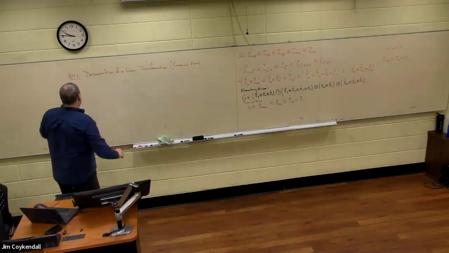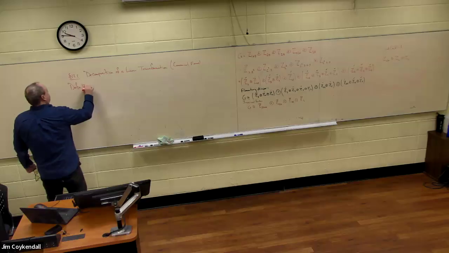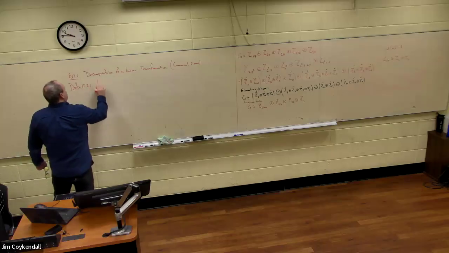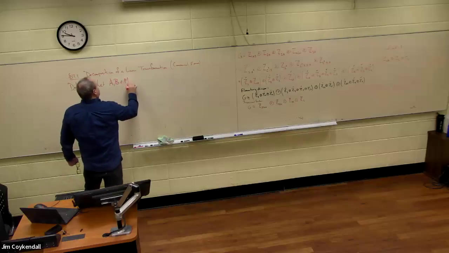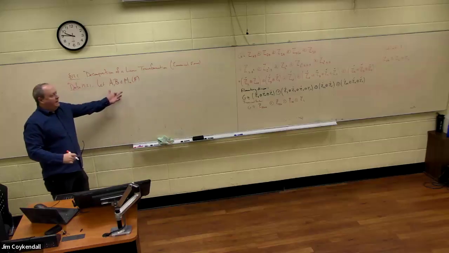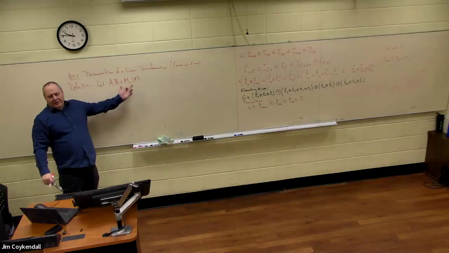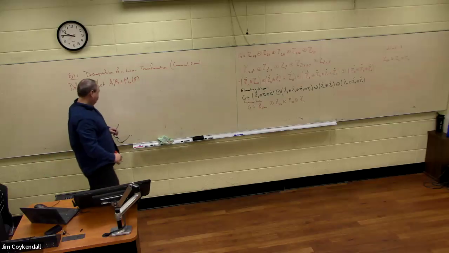Definition. Let A, B be in M_n(F). Here, my notation is I just mean n by n matrices over a field. Nothing in particular except they have to be square. They don't have to be invertible or anything.